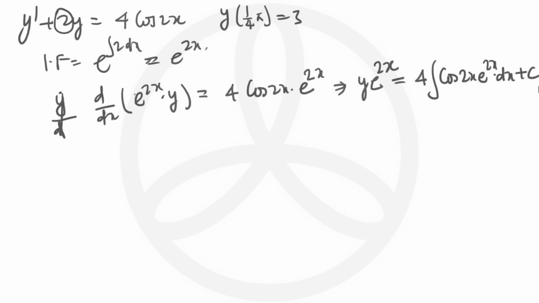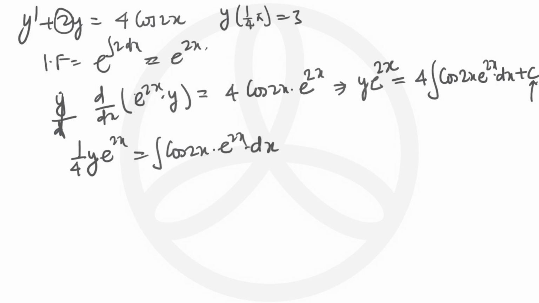For simplicity, I will leave c for now and divide the entire expression by 4 so that it becomes simple. This I will write 1 by 4 e to the power 2x, and this 4 and 4 will go off, and we will be left with only cos 2x e to the power 2x dx.